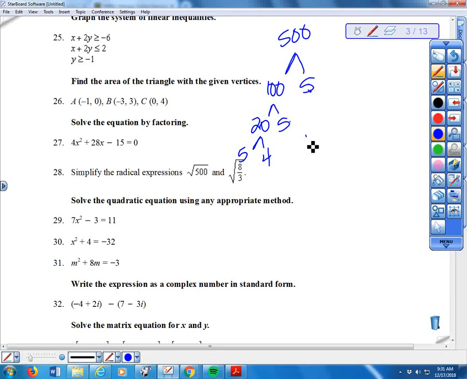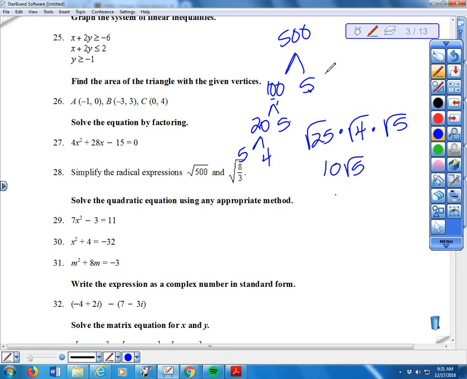So it's the square root of 25 times the square root of 4 times the square root of 5. Or this was a perfect square, right? Square root of 100 times the square root of 5. Get the same thing. What is that? 5 times 2? 10 square roots of 5. Or the square root of 100, 10 square roots of 5.